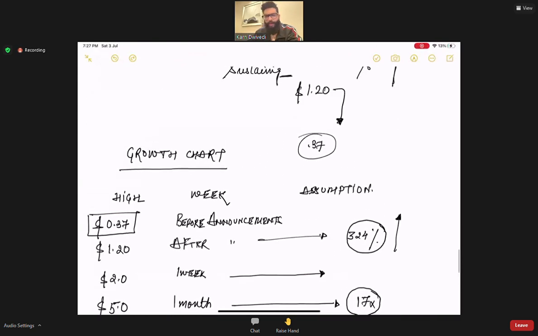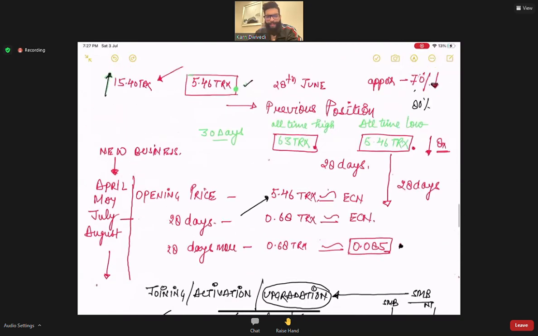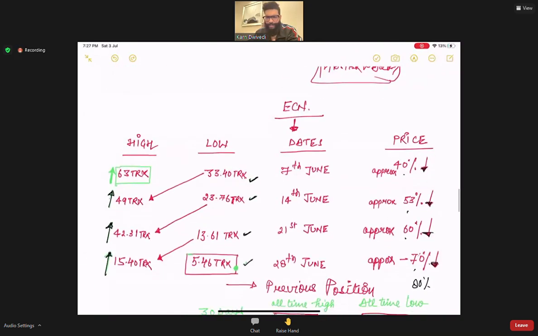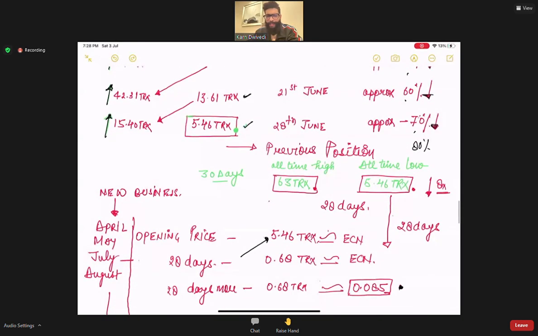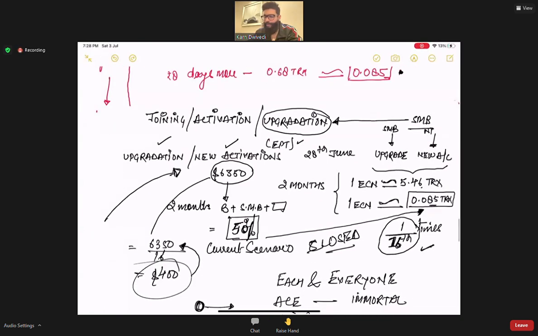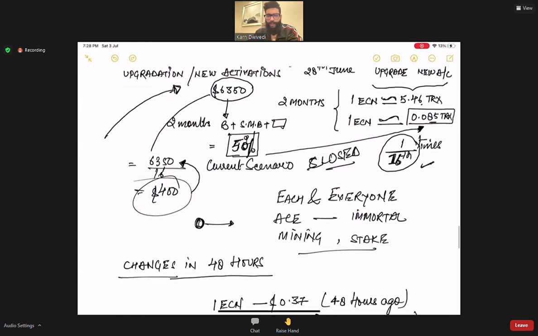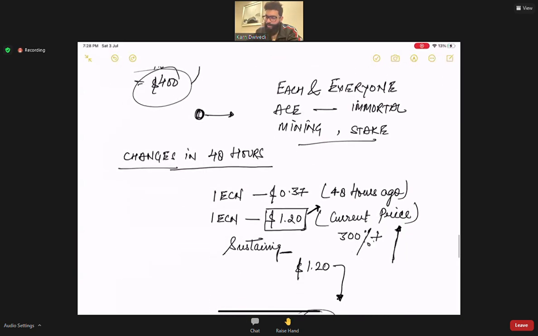You open the chart of ECN and write these dates down, check what happened exactly in the real market, see where you were standing and where you were standing two months down the line, and then realize what happened in 48 hours, where you were and where you reached.